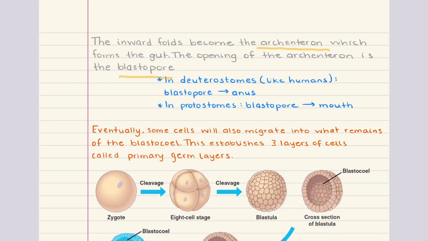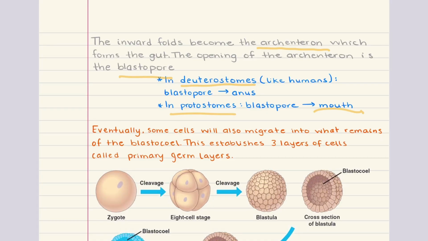And here we want to make an important distinction. In humans, which are deuterostomes, the blastopore develops into the anus. In contrast, in protostomes, the blastopore becomes the mouth. As this inward folding continues, some of the migrating cells also move into what remains of the blastocele, which is the fluid-filled cavity in the blastula.